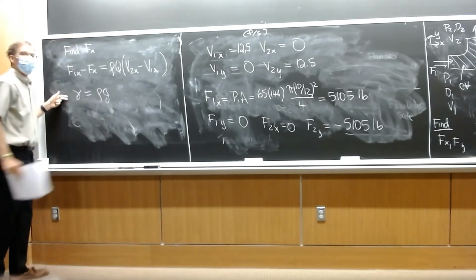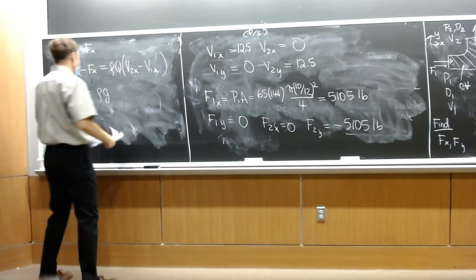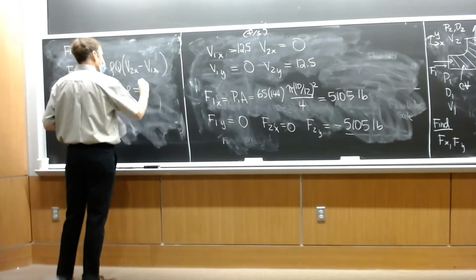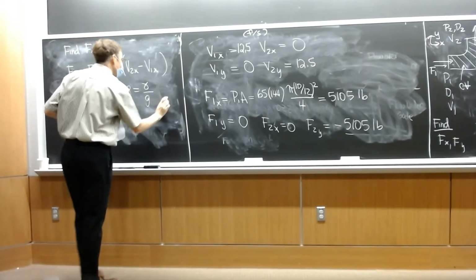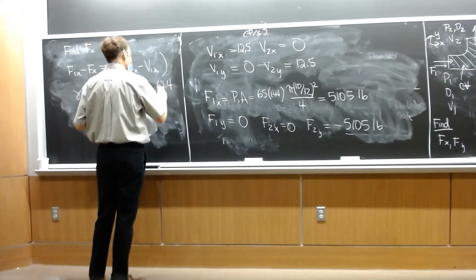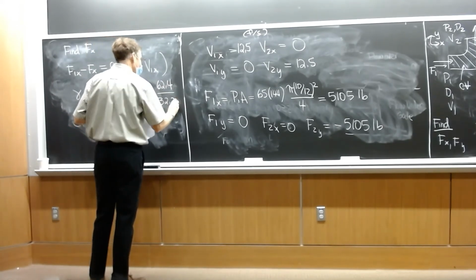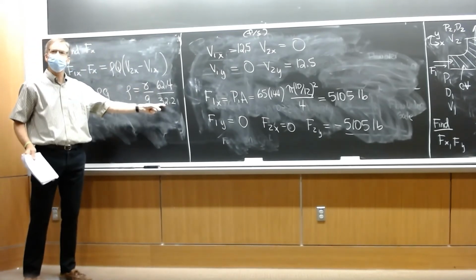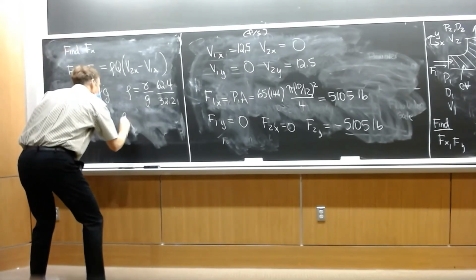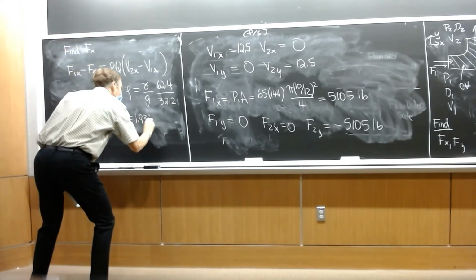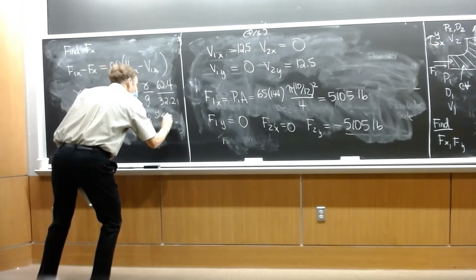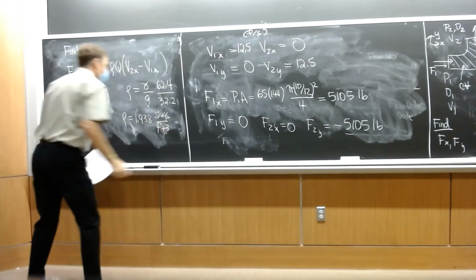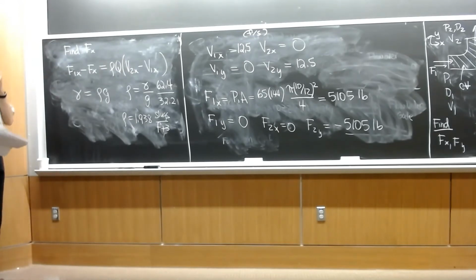You can remember this: gamma equals rho G, and so density is gamma over G. So that's in pounds per cubic foot, and feet per second squared. That's the standard value for density in the English unit system.